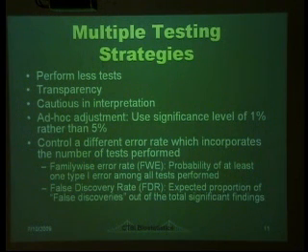The false discovery rate is the expected proportion of false discoveries out of all of your significant findings. Out of all of your rejected null hypotheses, what fraction of them are falsely rejected null hypotheses? So it allows some type 1 errors, in a sense, as long as it's a small fraction of all of your rejected hypotheses.